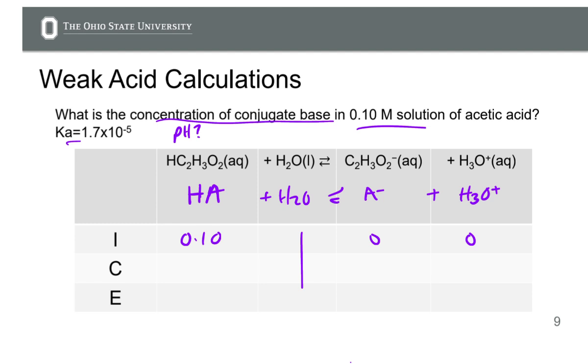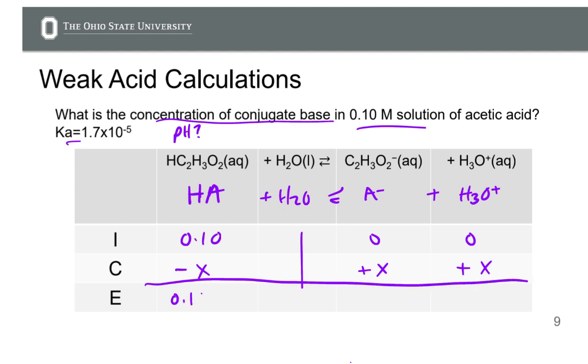So we're going to have minus X in our change line for the HA, plus X for A minus, and for H3O plus. So then at equilibrium, we're going to have 0.1 minus X for HA, X moles per liter of A minus, and H3O plus. All right, everyone okay with that?